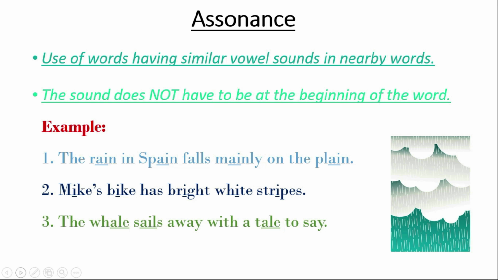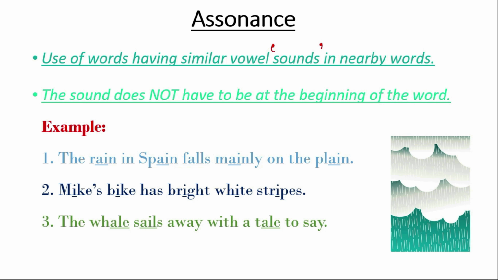The next is assonance. Now listen very carefully. What is assonance? It's a figure of speech where it uses words having similar vowel sounds in nearby words. Okay? And the sounds need not be at the beginning of the word. It can be anywhere in between.